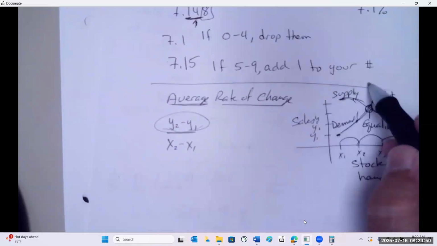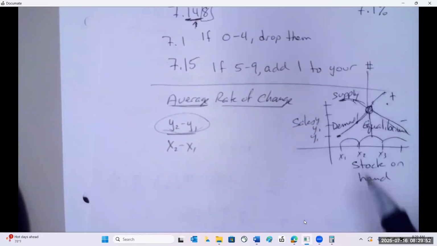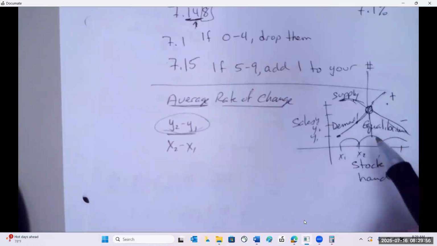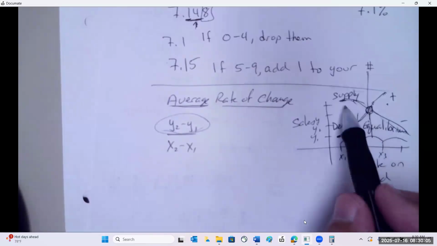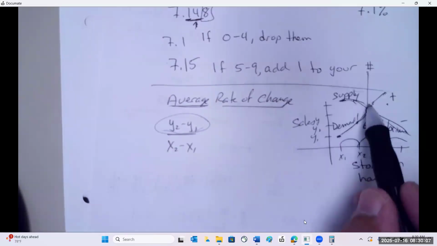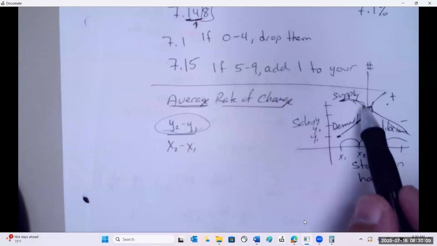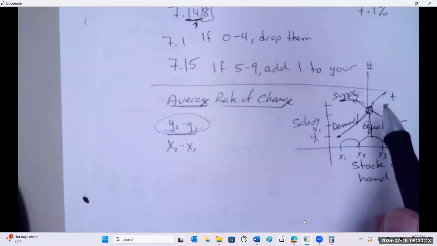Who's happy before that? The consumers, because I want to go buy it. Is it going to be on the shelf? Yes. The department store is not happy because they have all this stuff on their shelves that nobody's buying. The more stuff you have on a shelf, the more money you're losing because you still have to pay for it.